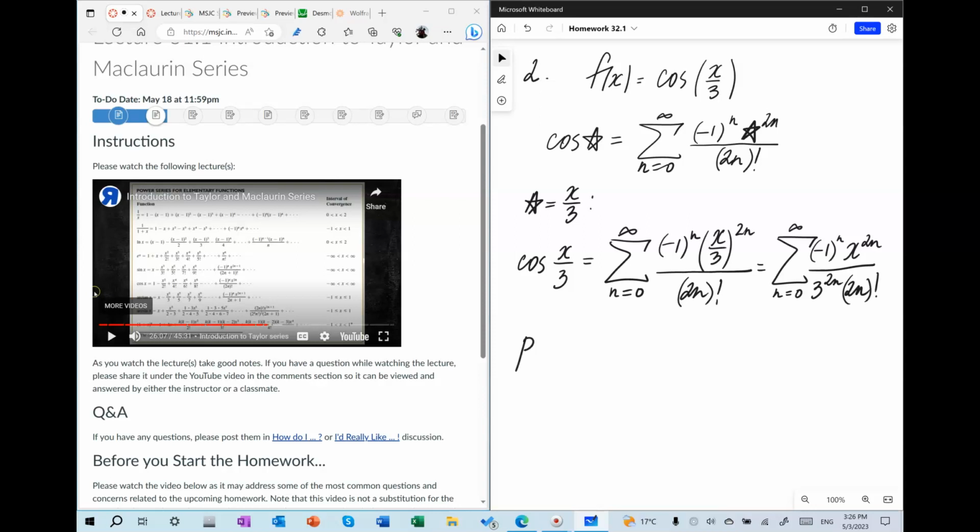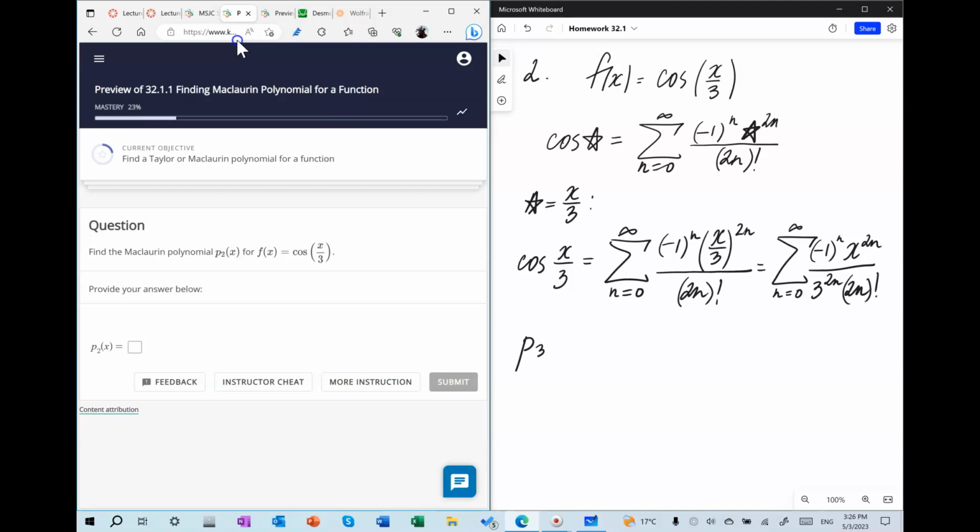So to find the Maclaurin polynomial of degree 2, we're going to truncate this series and only keep the first 3 terms.